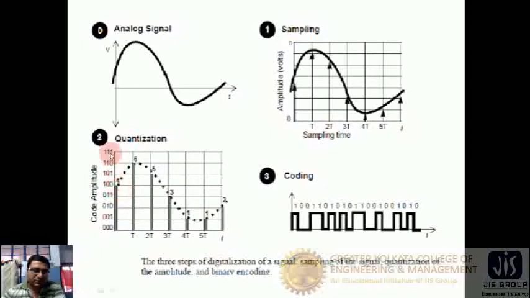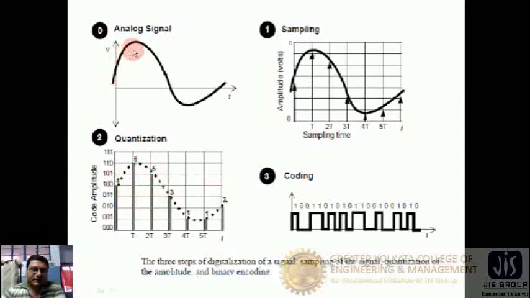Here we can see the 3 states we have discussed. See, this is in the range of this. We take this as a quantization level. This signal is slightly higher than this level, so we just put it down to this level. Similarly, this signal is like this, and in this way we represent the whole signal as a quantized signal.